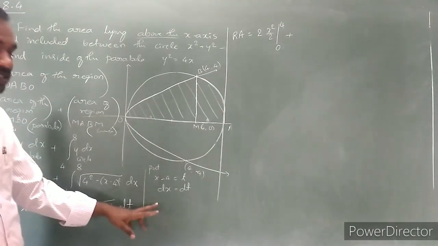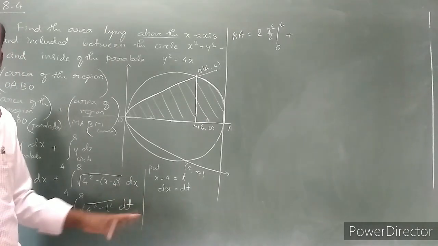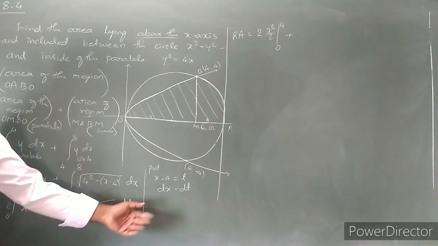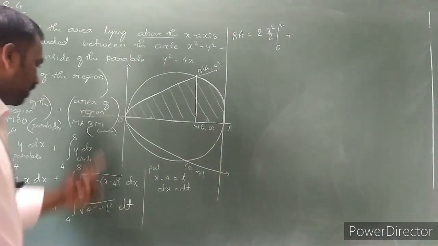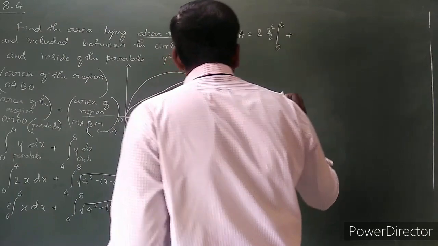Simple. We can change the limit or keep it as it is; later we can write it. If we want to change the limit, we can change the limits for t. Okay, instead of doing that, I just directly simplify.